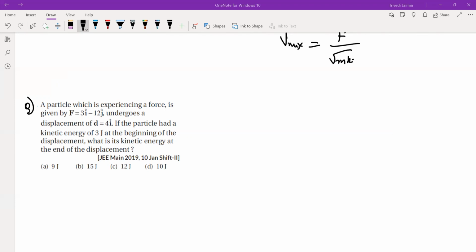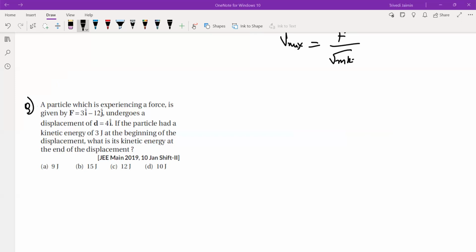Simple. Find W equals F dot d. Then use the work energy theorem. W equals K final minus K initial.